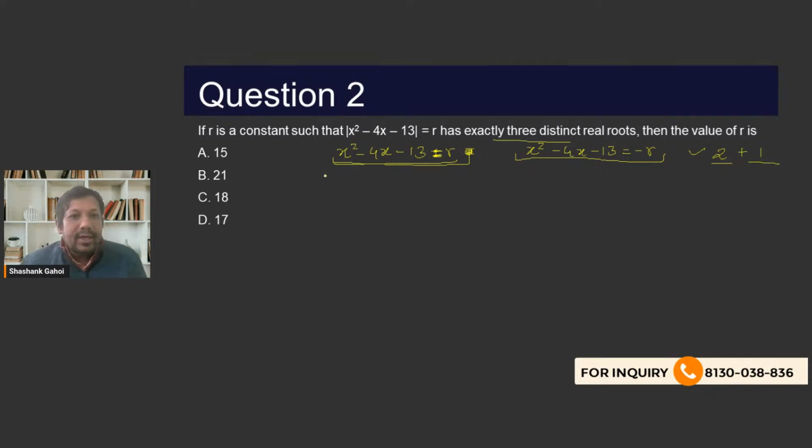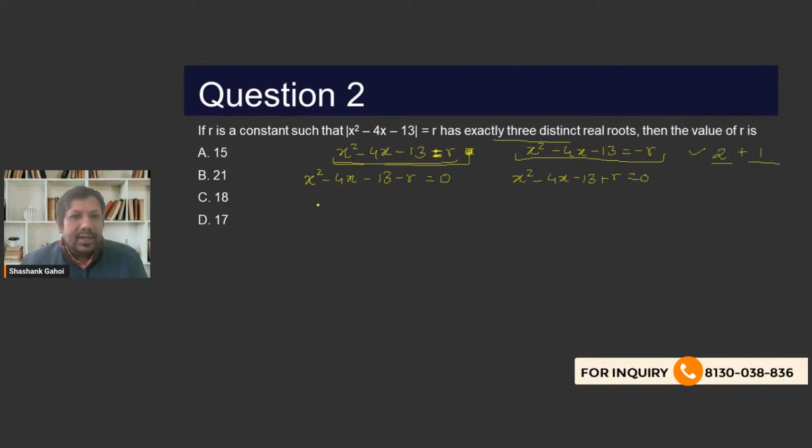So I am writing the first equation, that is x square minus 4x minus 13 minus r equal to 0. My second equation is x square minus 4x minus 13 plus r equal to 0. In this case, I need two roots or one root.